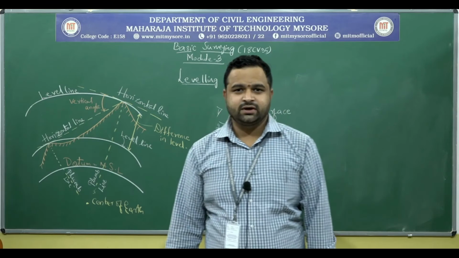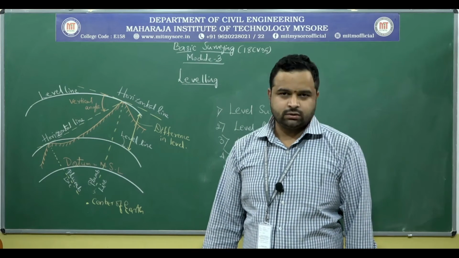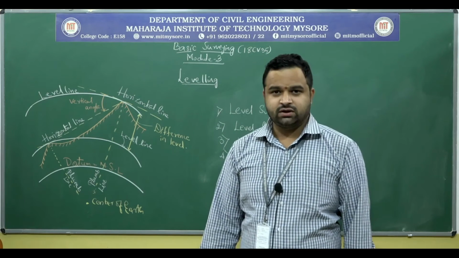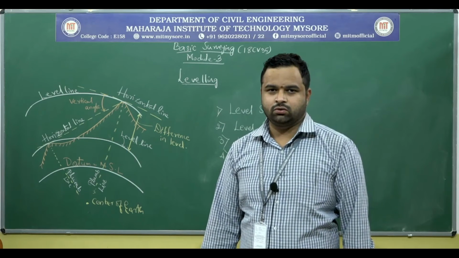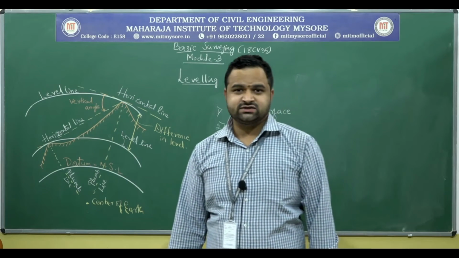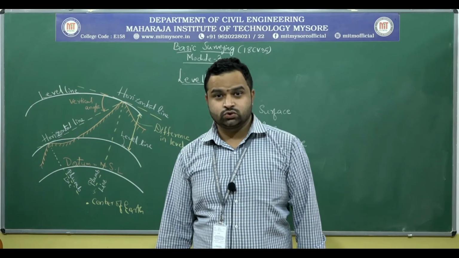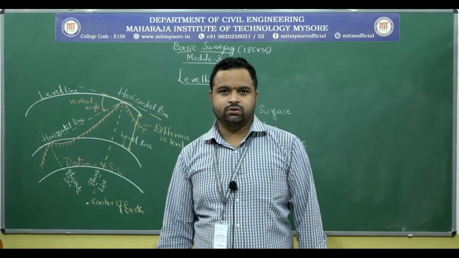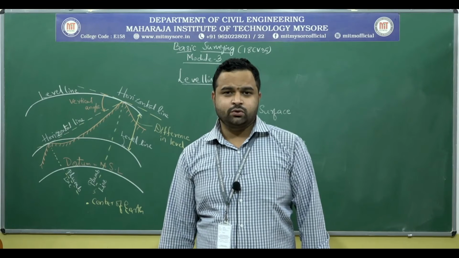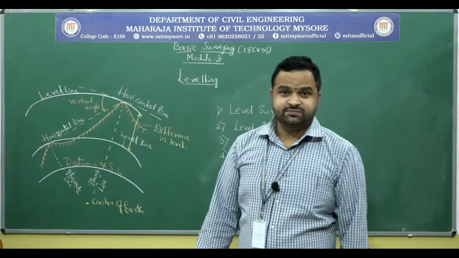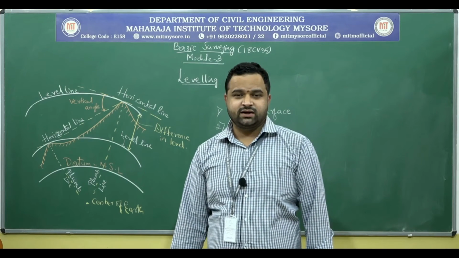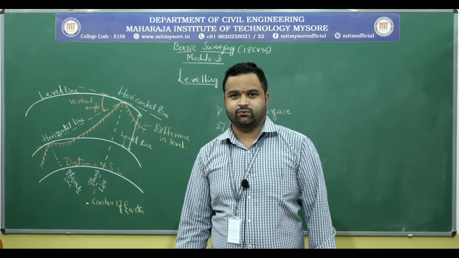Datum is any surface to which elevations are referred. The mean sea level affords a convenient datum world over, and elevations are commonly given as so much above or below mean sea level. It is often more convenient, however, to assume some other datum, especially if only the relative elevations of points are required.